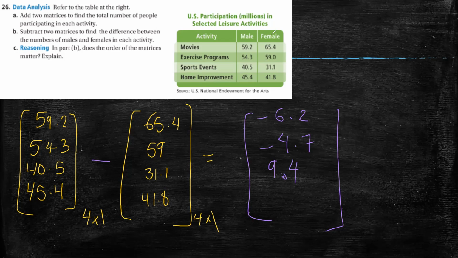And 45 minus 41, which is 3.6. This is now the difference between the males and the females.